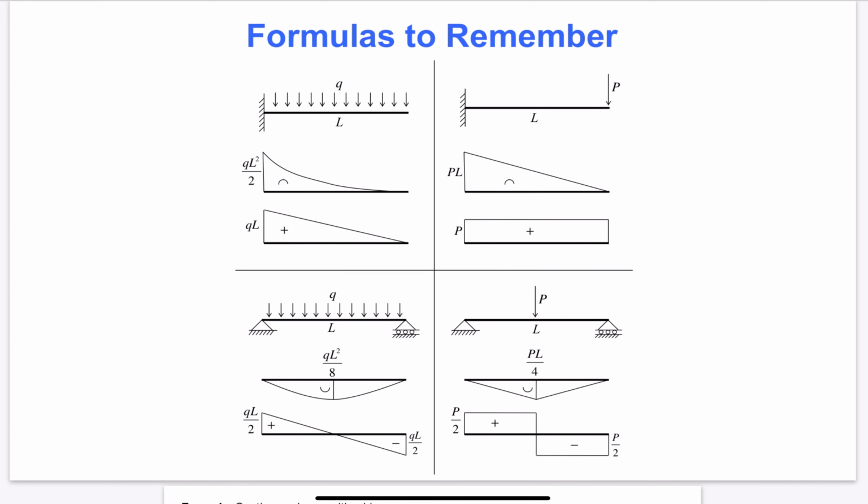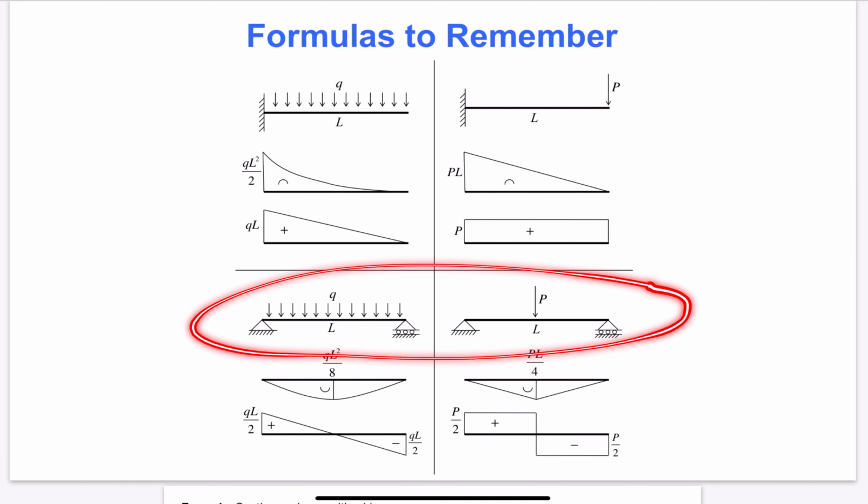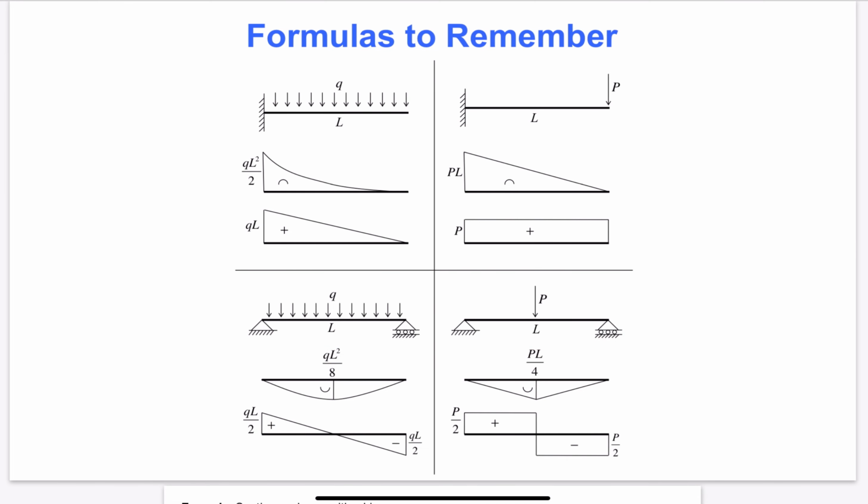The beam case shown below is a simply supported beam. That means it has a pin support at one end and a roller support at the other end. This is an extraordinarily important structure, because analyzing it reveals how the bending moment varies between any 2 points of any beam case. When there is uniformly distributed load on the simply supported beam, then the bending moment value in the middle is QL²/8.